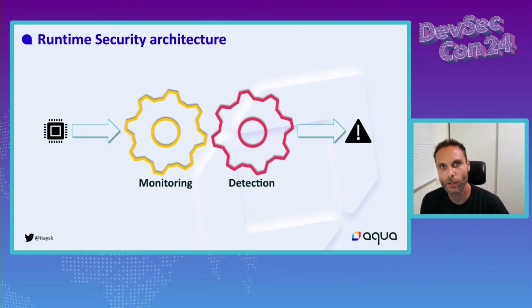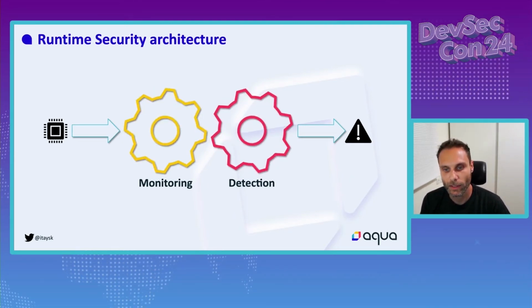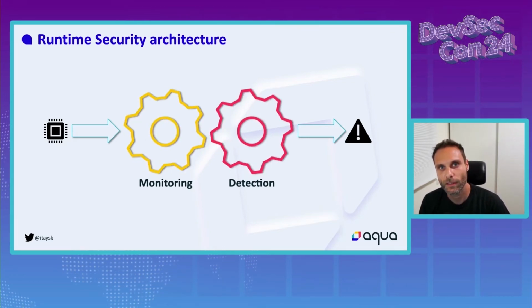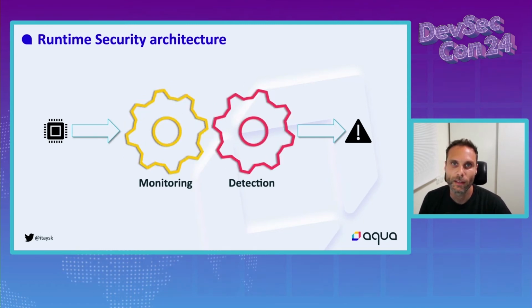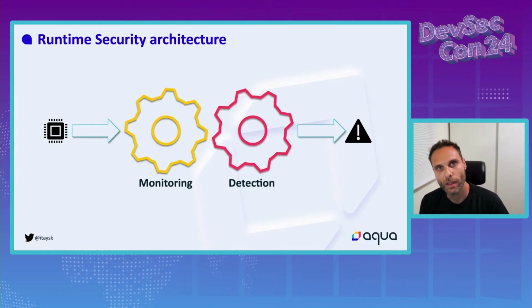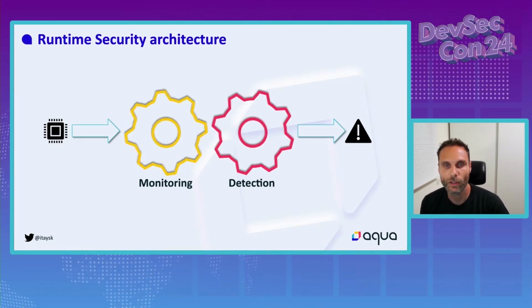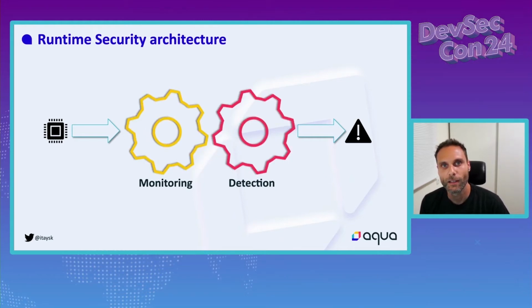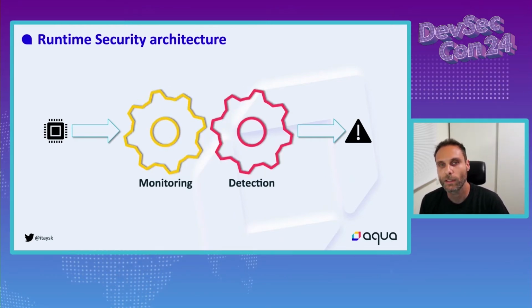And then we take those events, we take this raw data, and we feed it into the other component, which is the detection engine. This is a separate component that is looking into that stream of events, and it is trying to find patterns, suspicious patterns, based on predefined rules that we will give it.